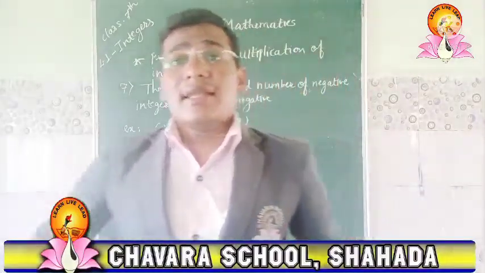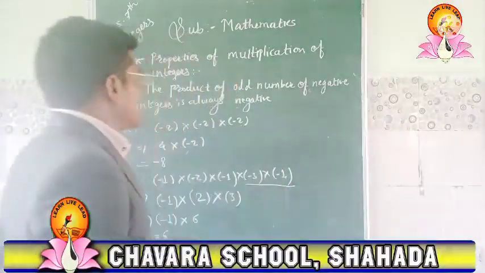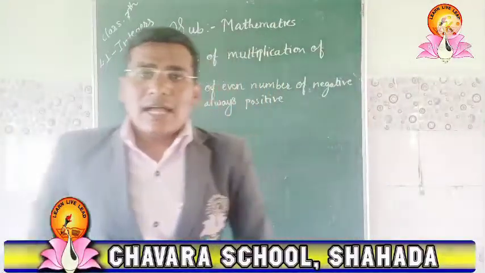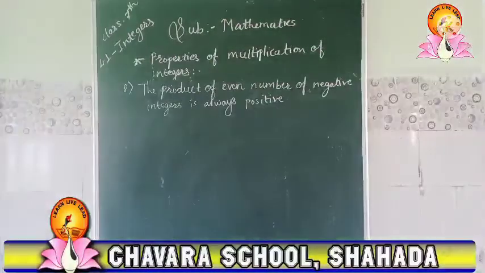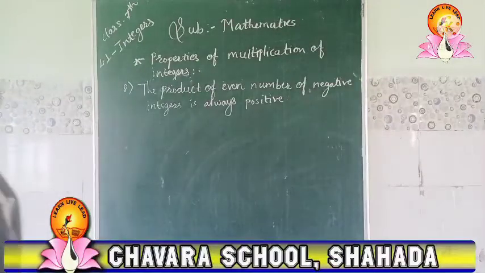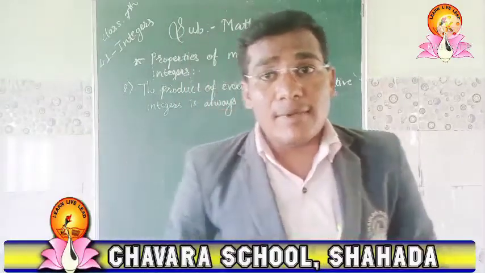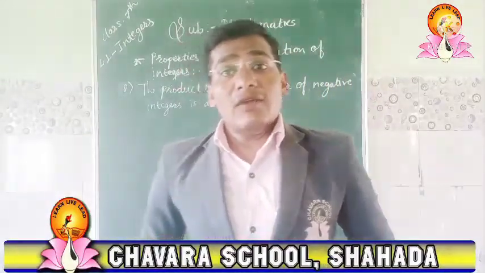Now the next and the last property of multiplication of integers we will see. The last property is the product of an even number of negative integers is always positive. Means if we take negative integers and multiply them an even number of times, then the answer we are getting is always positive.